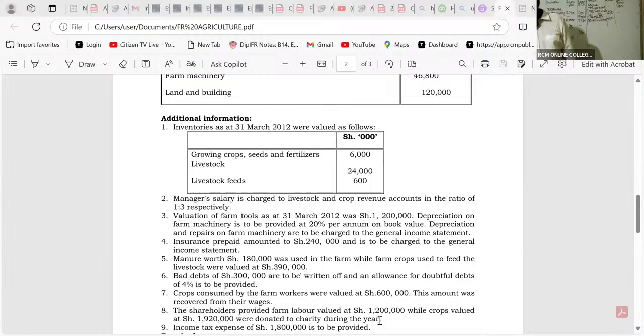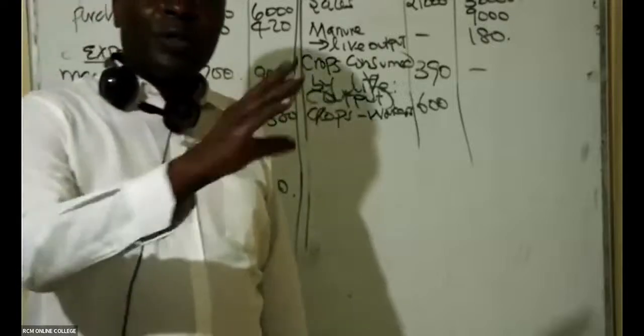So in the case of the shareholders, this is very general because it's not specific to any biological asset. So you shall not bring it here. But you can see here we have crops that were donated. This is very specific to a biological asset. Crops valued at 1920. So to me, with these crops donated, something is getting out of our system.